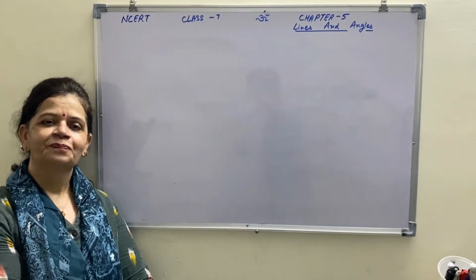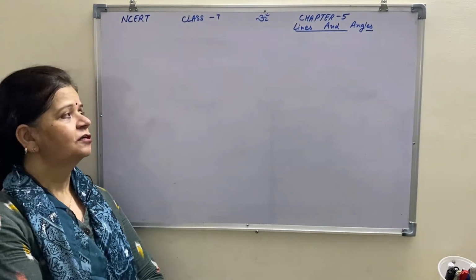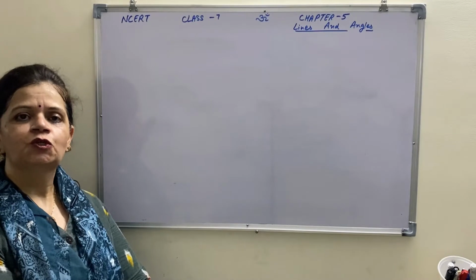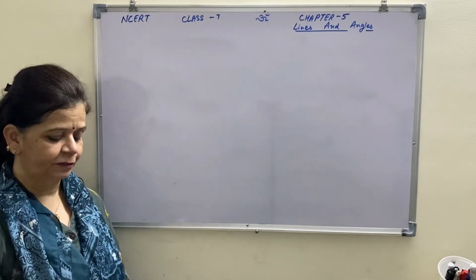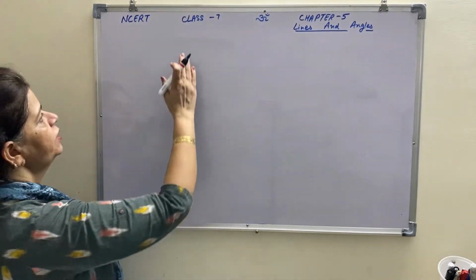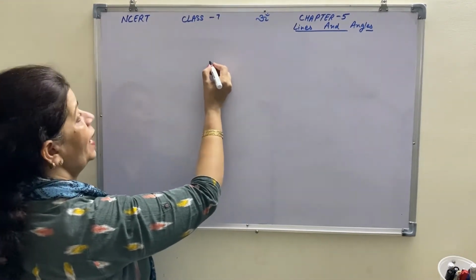Hello children, in the last video we discussed a transversal line crossing two lines, and the relation between the different angles. Today we will do what happens when a transversal crosses two lines which are parallel.